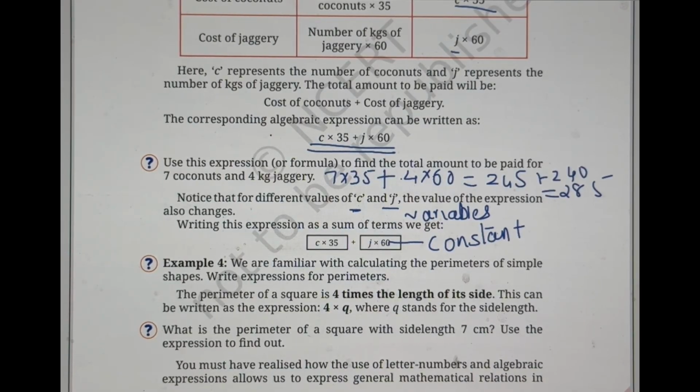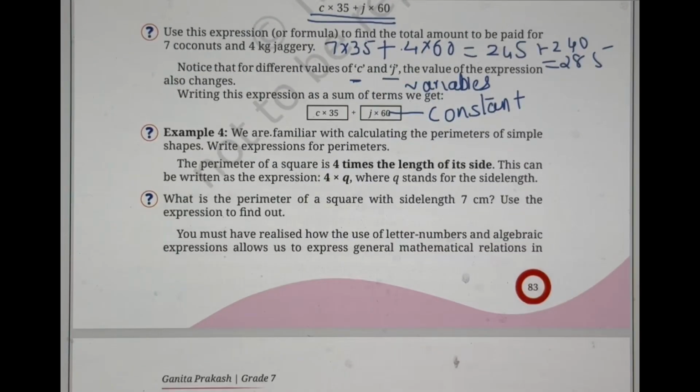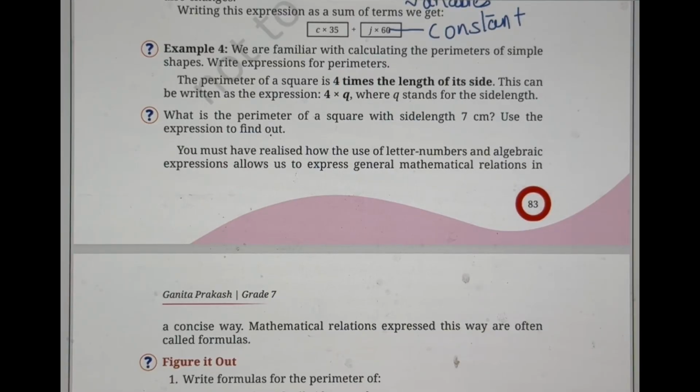There is another example given here. Let us see example number 4. We are familiar with calculating the perimeter of simple shapes, right? You remember in class 4 you learned the perimeter of a square, the perimeter of a rectangle, all the formulas. And we kept wondering why we need to learn these formulas. So let us see.